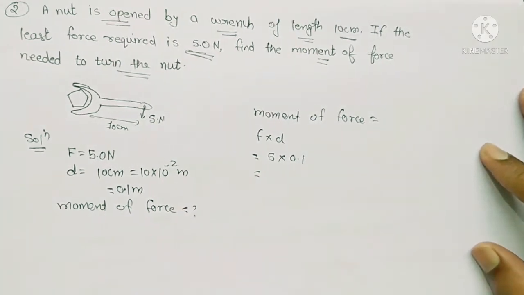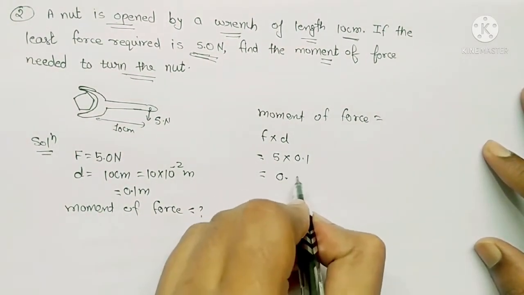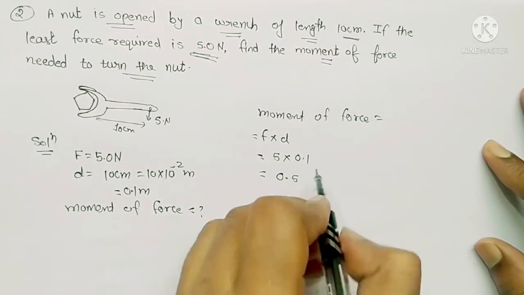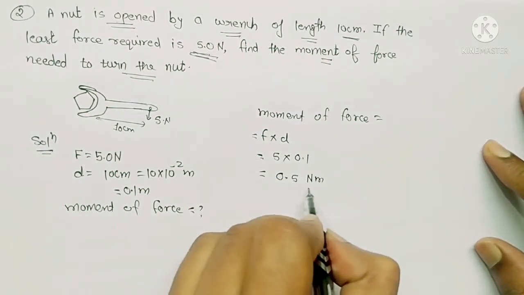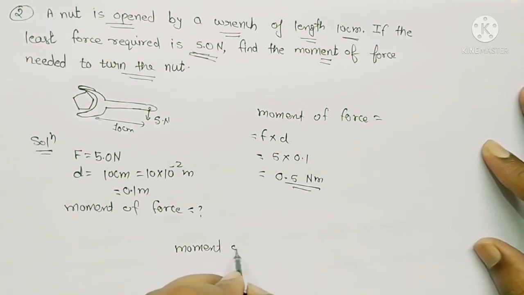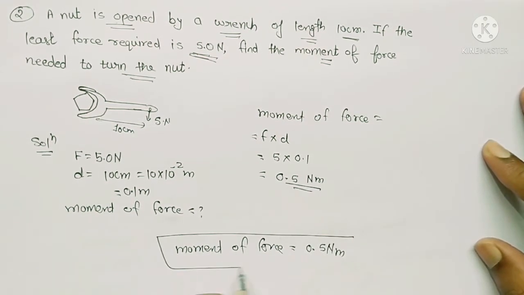So just multiply 5 into 0.1, you will get the answer. That is 0.5. Now what will be the unit? See, this is force, and the unit of force is Newton, and the SI unit of distance is meter, so Newton meter. So you can write moment of force is equal to 0.5 Newton meter. Okay, so this is the answer.